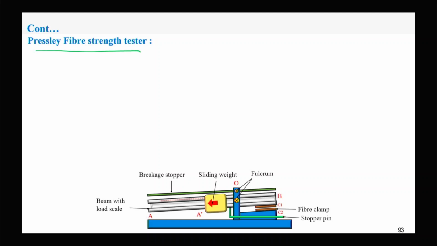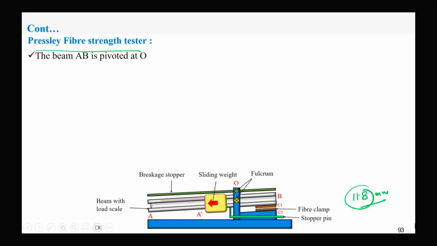These two standard clamps are interchangeable. That means here at 0 gauge length, again we will consider the fiber bundle length to be 11.8 millimeter. So this instrument is also used for fiber bundle strength measurement.